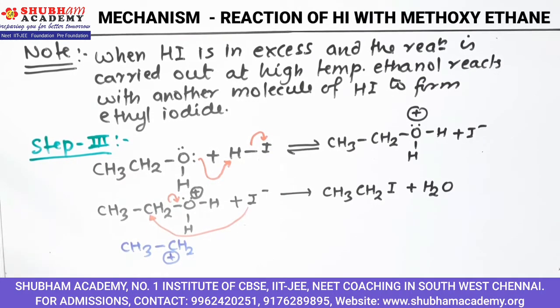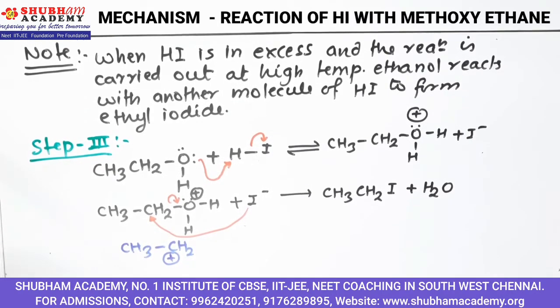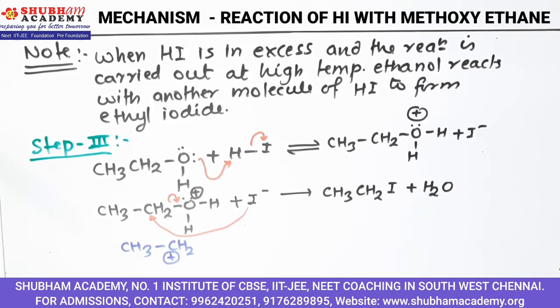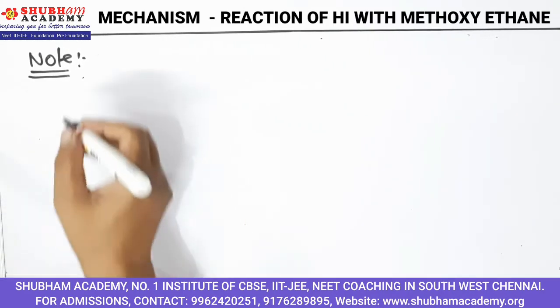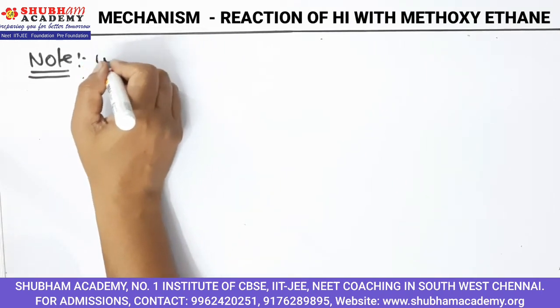But when one of the alkyl groups is tertiary, the halide formed is a tertiary halide. That means the halogen will go to the alkyl group with more number of carbon atoms, or the more substituted alkyl group.